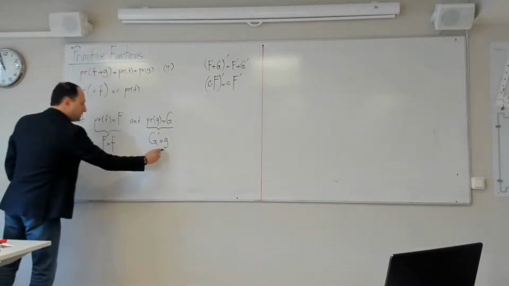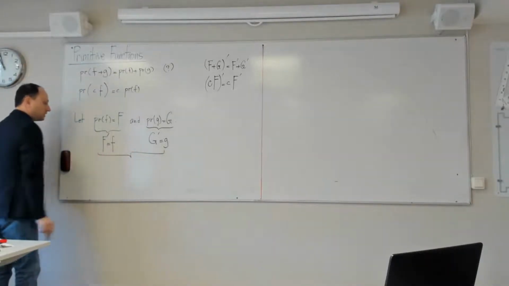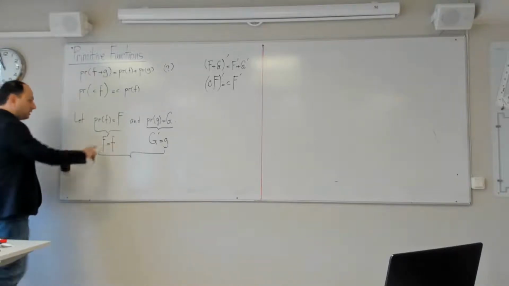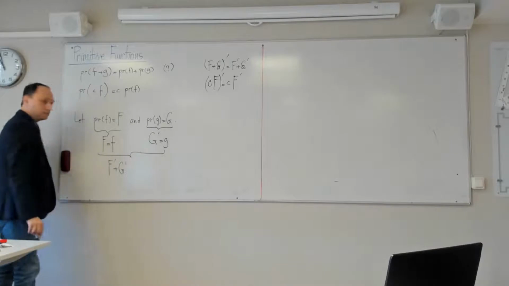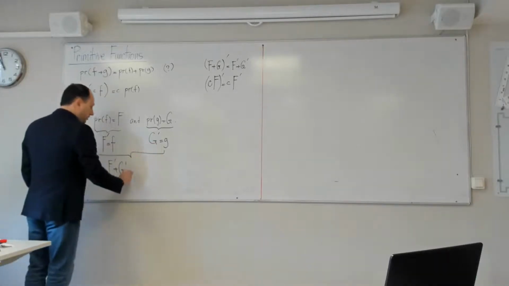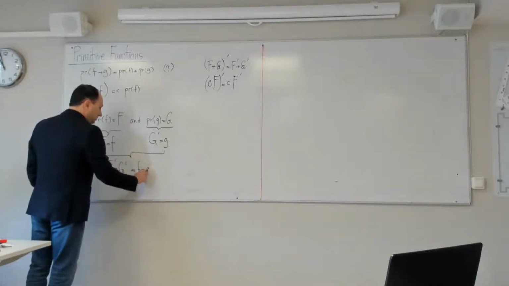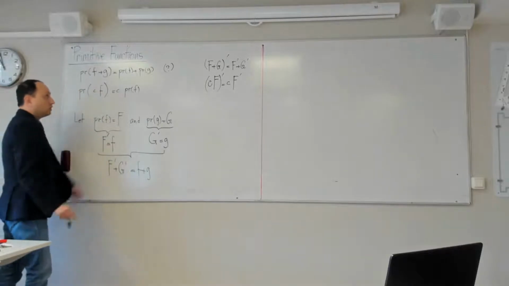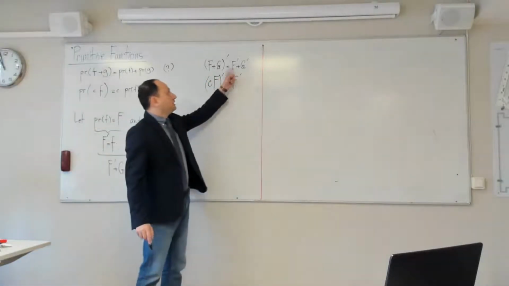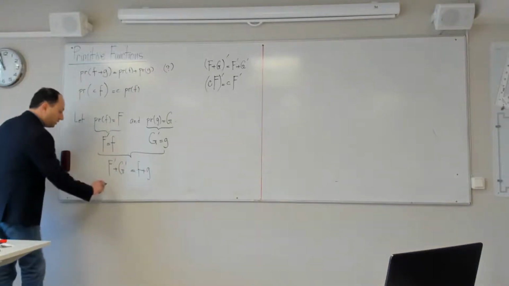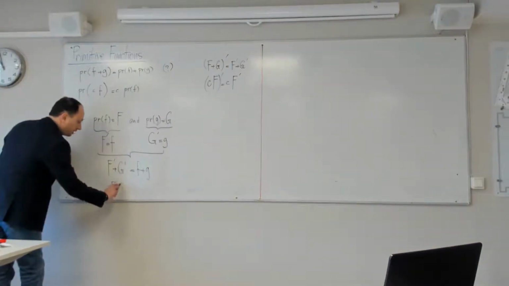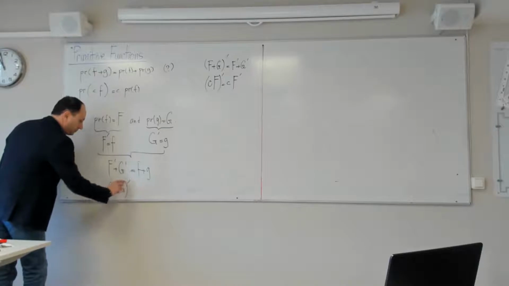Okay, now let me add these two expressions side by side. This becomes capital F prime plus capital G prime, and then this becomes equal to f plus g. But according to this rule of derivatives, instead of F prime plus G prime, I can write (F plus G) prime.